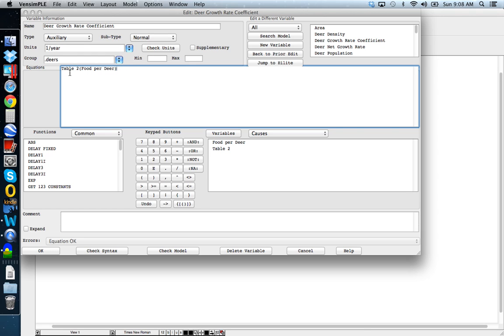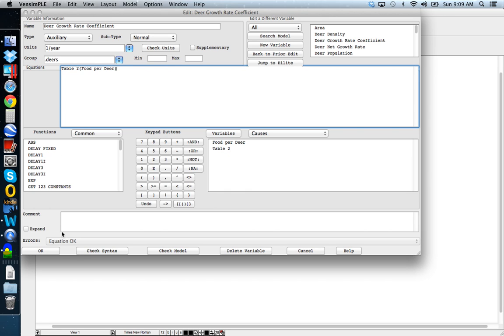So this is essentially a tabulated version that shows the relationship between the food per deer and the outcome, which is the deer growth rate coefficient. The units of the growth rate coefficient are 1 per year, or basically deer per year per unit deer present at that point of population.